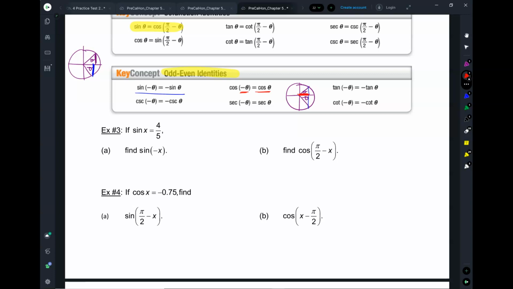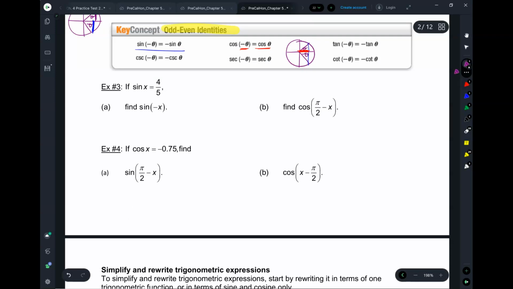This is why those were assigned, so that now we can get them back as actual identities. The only thing I didn't ask you to do is the tangent. Just remember, tangent of negative theta is like sine: the negative comes out. These are called the odd and even identities. I don't need you to memorize these, but understand them. That's why I assigned the problems last time.